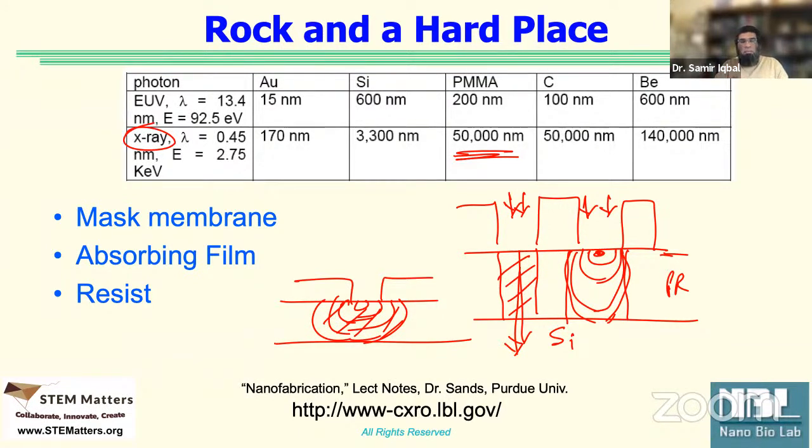If I make the wavelength too small, I have the problem of secondary electrons. For example, ideally they would go straight and do something like this, we are okay with that. But what they do is they cause secondary electrons, which would mean that the feature size is this much, but what gets projected is bigger than that. So you end up having a bigger feature size.